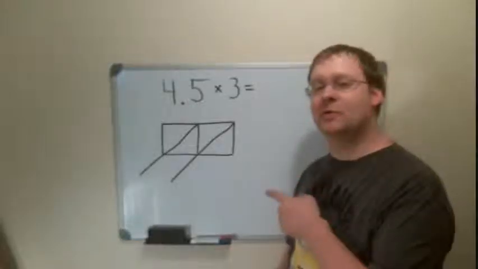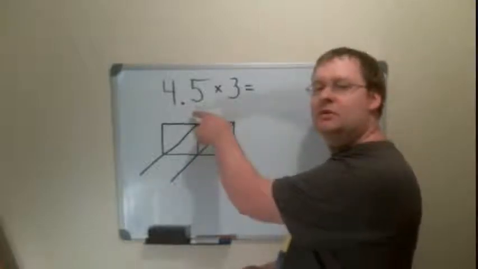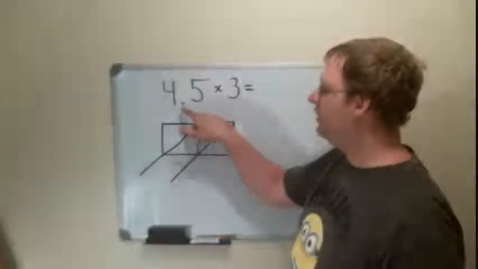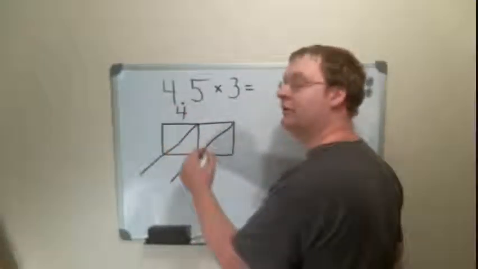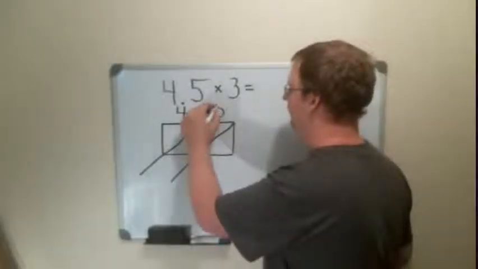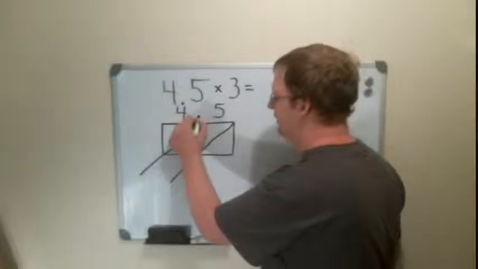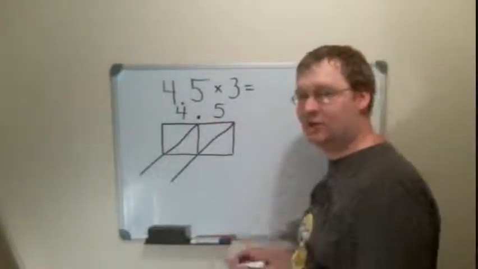Alright, here's the second reason I really like this method. If you have a decimal, the line method doesn't really work so well. But in this case, we just take our 4.5, we write our 4 over the first box, our 5 over the second box, and since there's a decimal here, we just put our decimal in right there, in between the 2 numbers, like it normally looks.